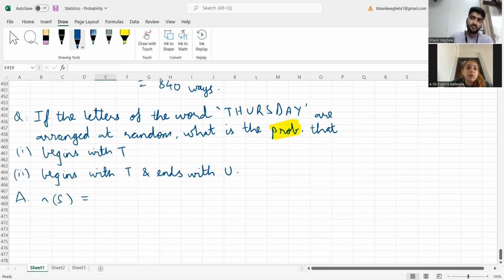8. Now, in my sample space, I can arrange 8 letters in 8P8 ways. What is 8P8? It is n factorial upon (n minus r) factorial, correct?